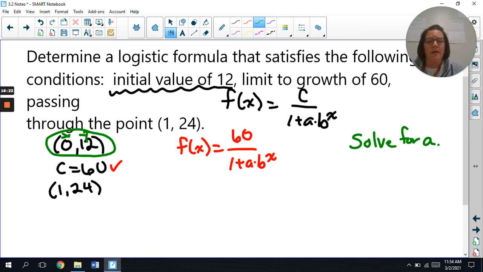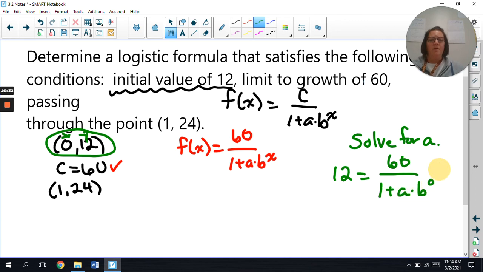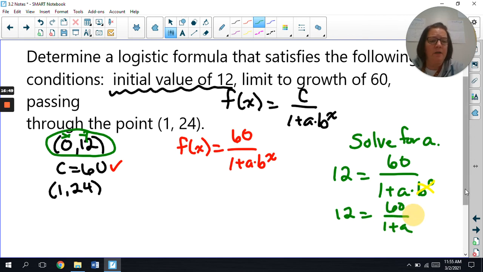We have 12 equals 60 over 1 plus a times b to the 0. Again, remember, anything to the 0 power becomes 1, so this drops out. So now we have 12 equals 60 over 1 plus a. And now it's just solving for a.